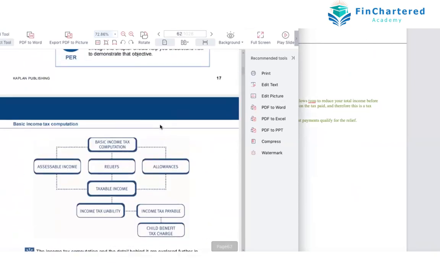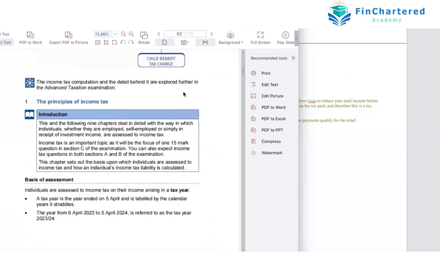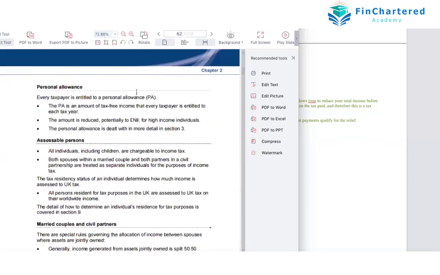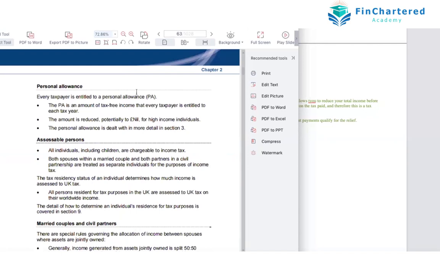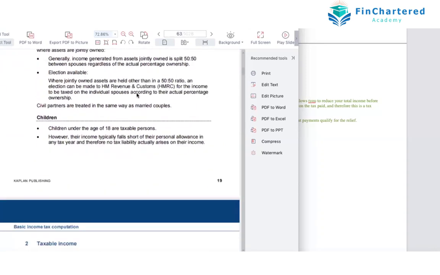If I have to quickly walk through it, tax year is the period of time for which you are liable for taxes, which is generally from the 6th of April to the 5th of April: 6th of April 2023 to 5th of April 2024. Personal allowance is any amount that you get which is for you to keep. The government will not charge a tax on that, right?